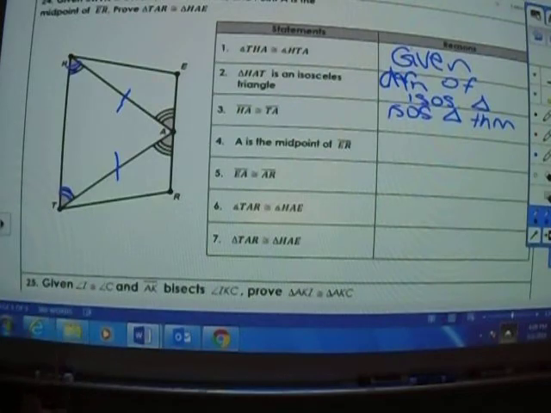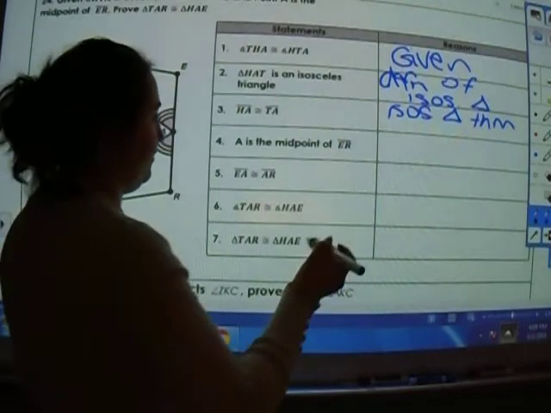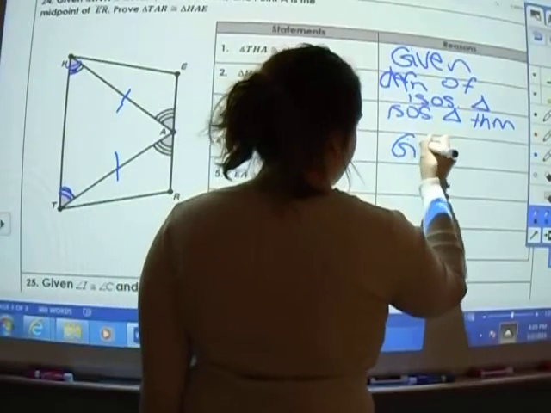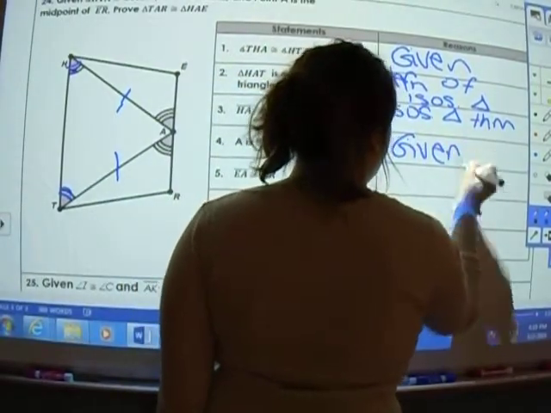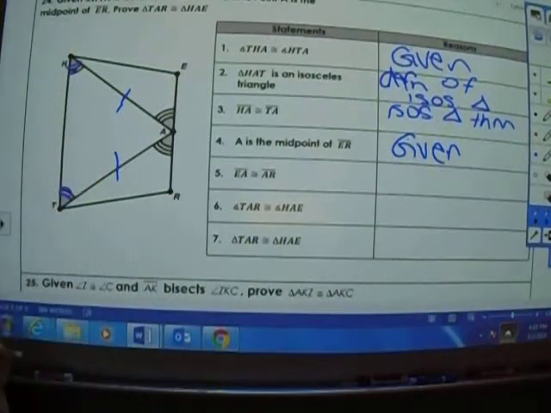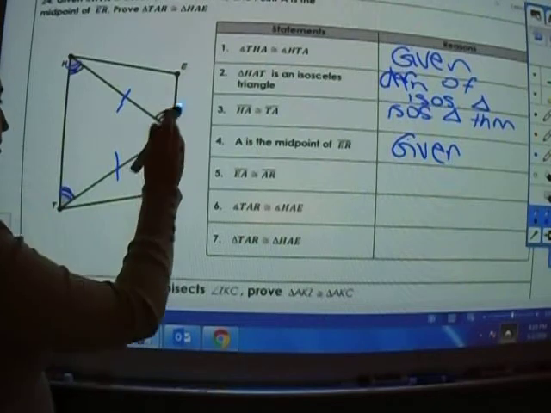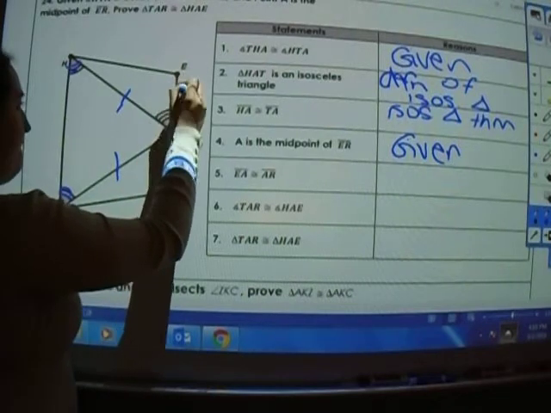So now we have A is the midpoint of ER, that's given. And we have EA is congruent to AR.